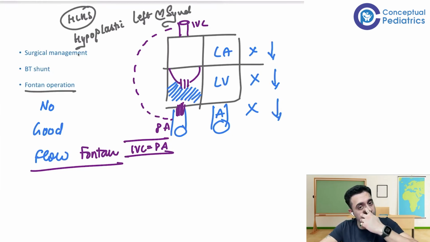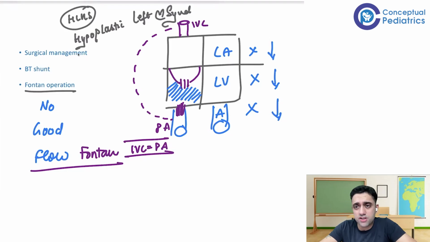So what will my body do to prevent right ventricular overload, to basically prevent congestion to the right ventricle, because the right ventricle is not able to do the work properly? To prevent the problem to the right ventricle, I am going to connect my inferior vena cava directly to the pulmonary artery. Just remember this point: the right ventricle is having a problem, it is not able to push the blood into the pulmonary artery.